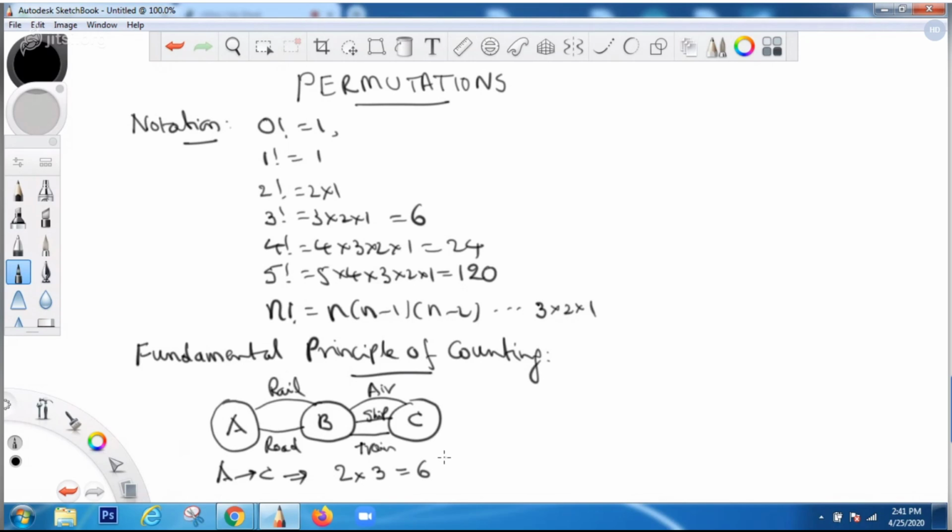If one thing can be done in m ways and another in n ways, then these two together can be done in m into n ways, mn ways. In this case, these two things must be done one after the other successively.